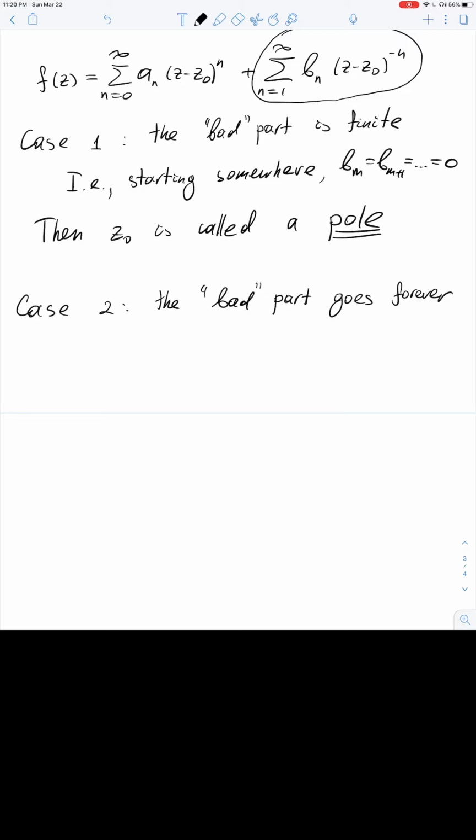So then z0 is called, I'm trying to remember, an essential singularity. And then the best one is case 3, no bad part.